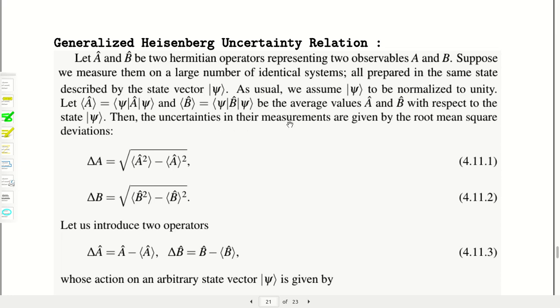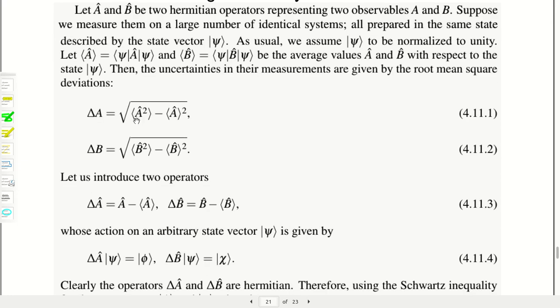Then the uncertainties in their measurement can be written by a statistical rule, that is, delta A is equal to the root mean square deviation, as in statistical mechanics. You can follow this formula: the square root of the expectation value of A square minus the expectation value of A, that whole squared.